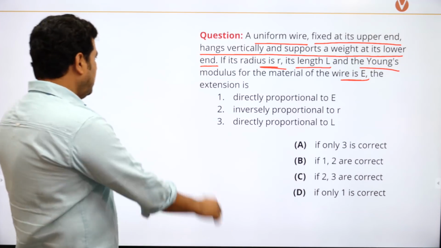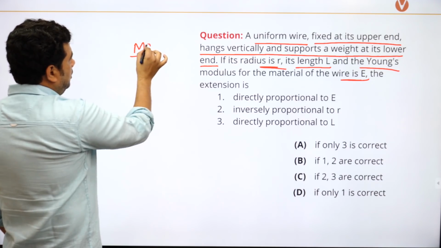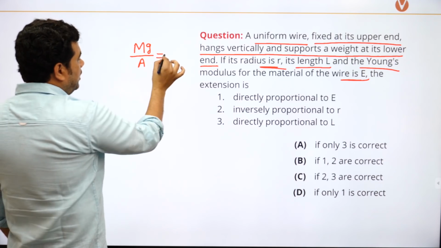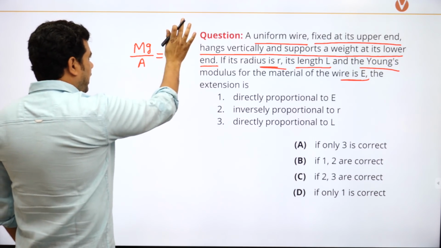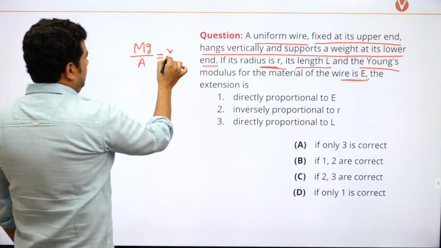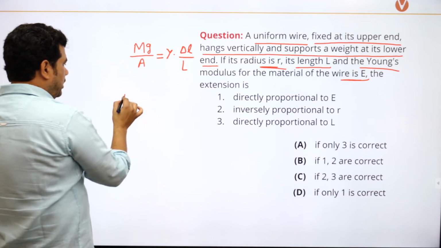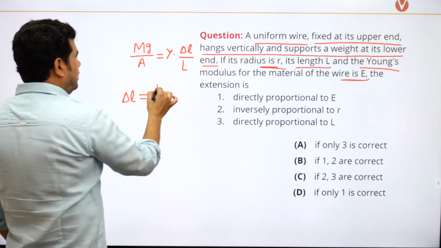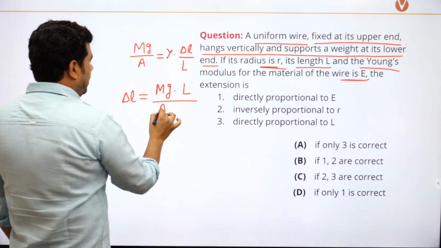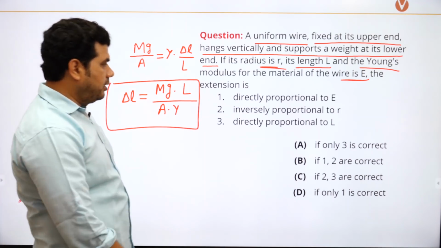Very easy question, because we have to find mass m, weight mg, force, cross section area A, Young modulus, and Young modulus given here is Y into delta L upon L. So change in length is equal to mg into L divided by AY. This is the change in length or increment in length.